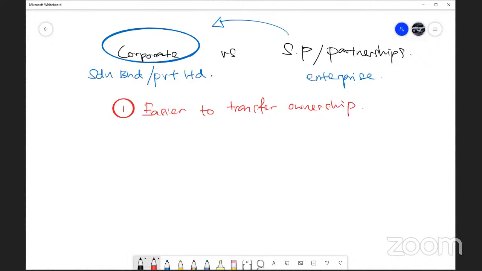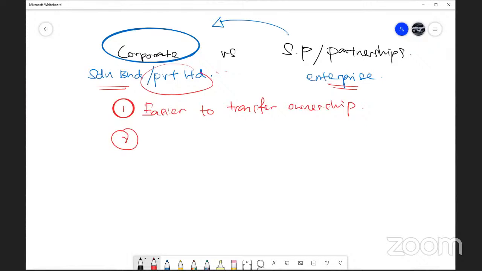Because a Sendirian Berhad, also known as a private limited company, is usually audited by auditors and a company secretary. So everything is much more transparent compared to an enterprise, which is all self-managed by the owner. So it is easier to transfer ownership because all information is more transparent under a corporate.